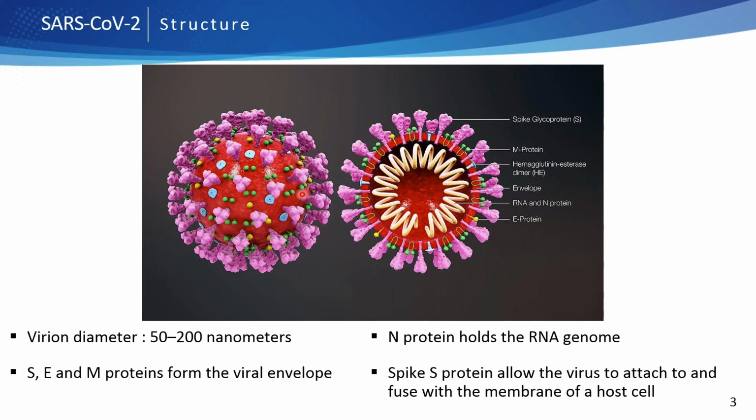The variant depicted here has a diameter of approximately 50 to 200 nanometers in terms of particle size distribution. It is classified as an enveloped virus, with an envelope composed mainly of 3 types of protein, S, E, and M proteins, which protect the RNA genome, held in the center by the N protein.